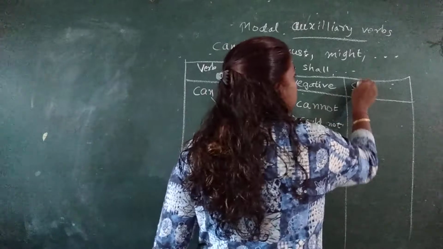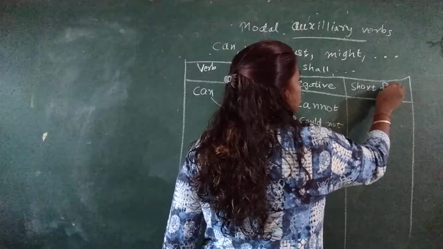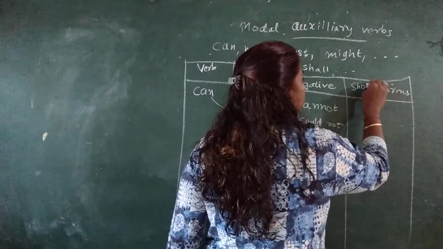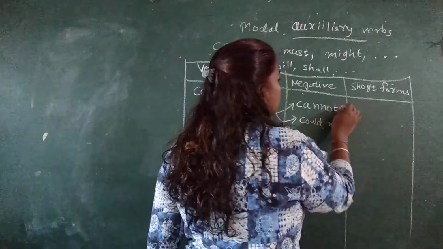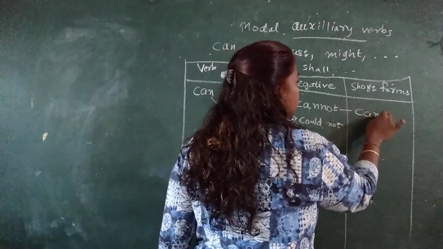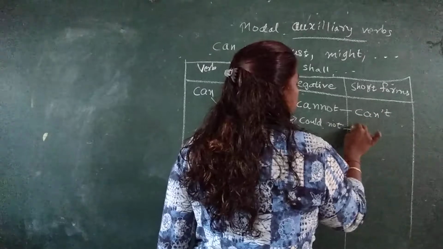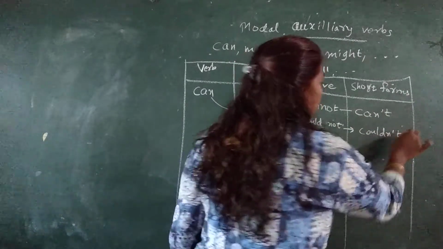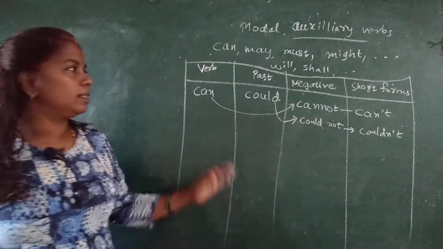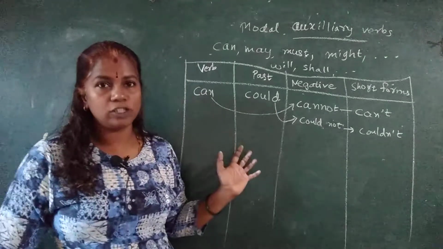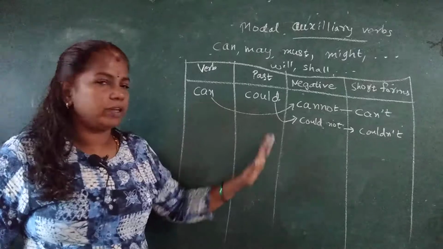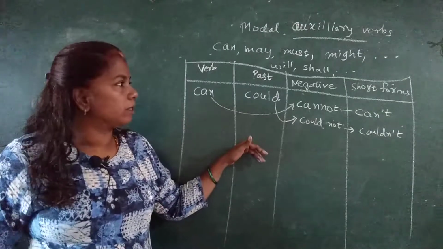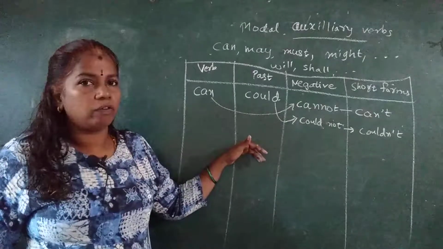Here I will put the short forms. You use the short forms also in sentences. So cannot, the short form is can't. Could not, the short form is couldn't. So in this table I have tried to explain everything.